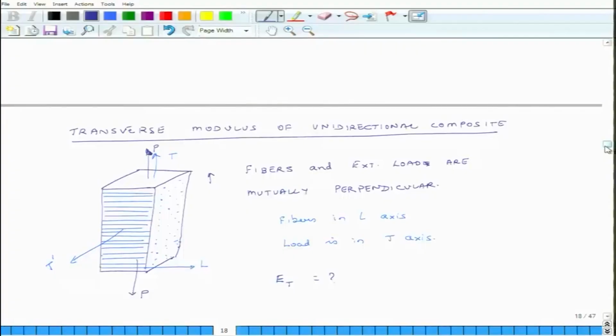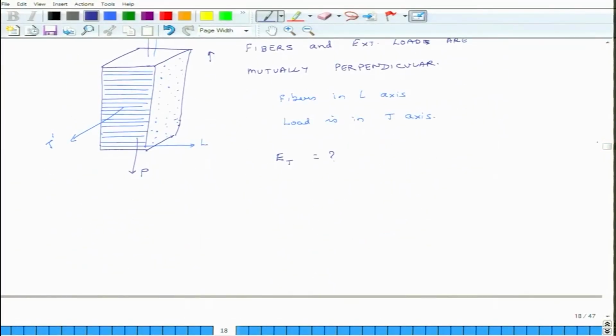However, as a first, very crude approximation, we can say that stress in matrix is the same as stress in fiber, same as stress in composite.